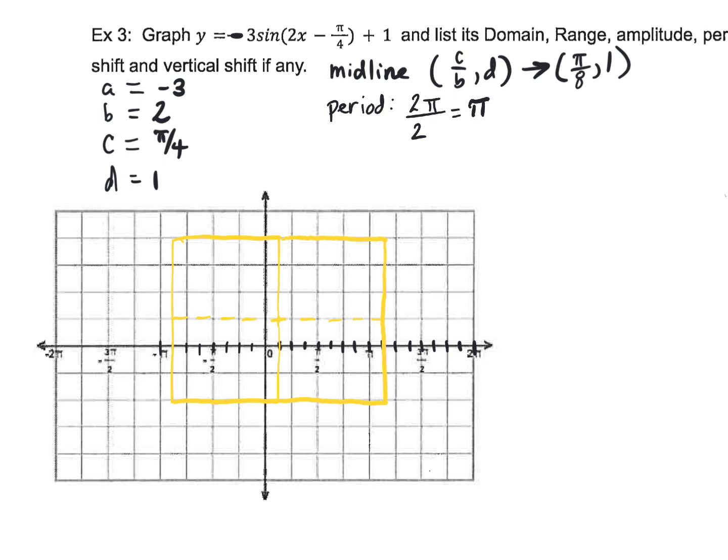All right, so now we need to mark into what? Quarters. How many spaces do we have in that window? 8. So every what? 2. Every 2 along the midline, not along the axis, along the midline. So every 2 spaces we make a mark. Now, sine usually does what?